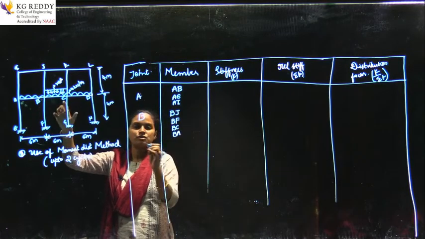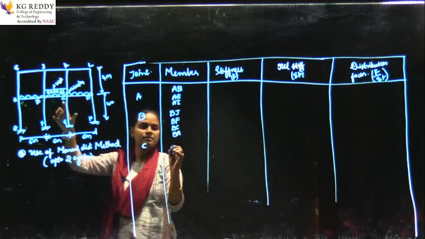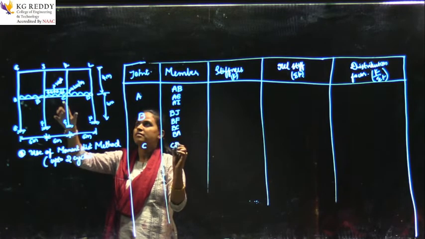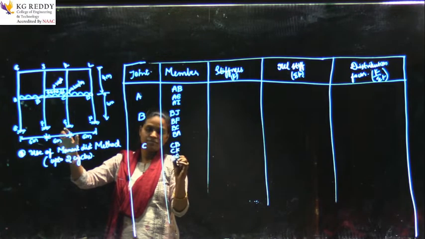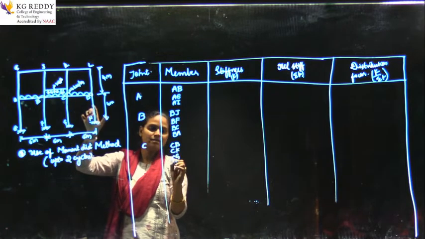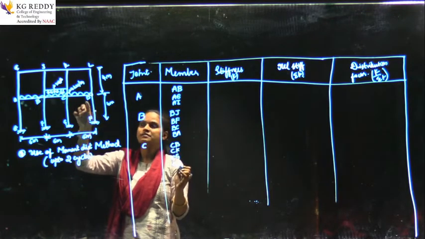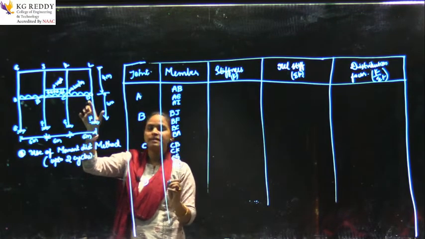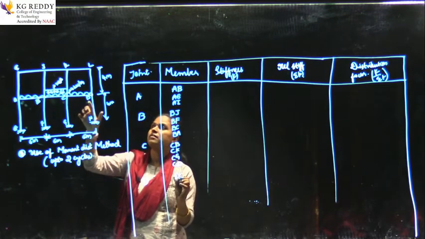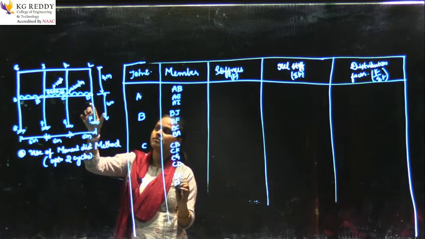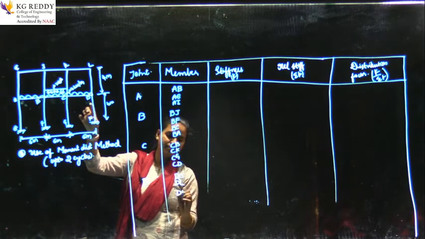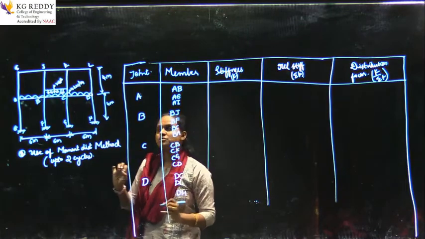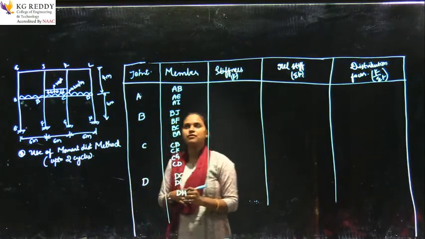Next for joint C you will have CB, CK, CG and CD. Next for joint D, yes students, you can write DC, DL and DH. So these are the different members of different joints.